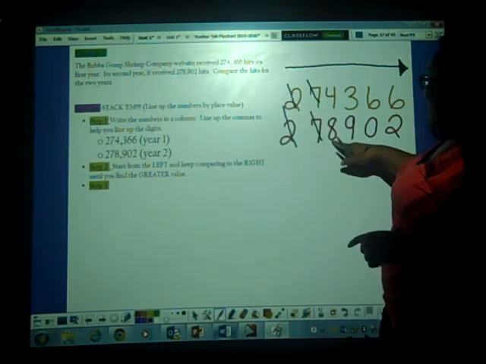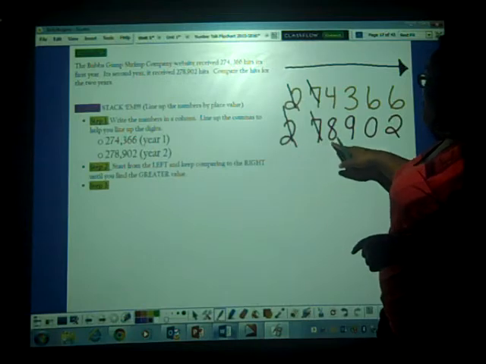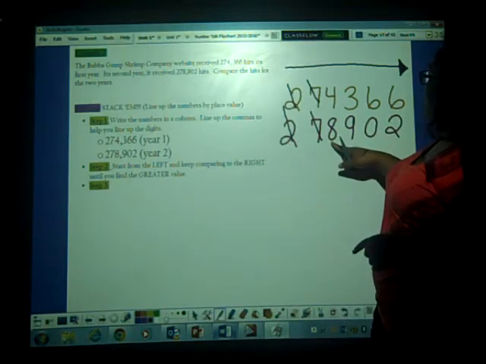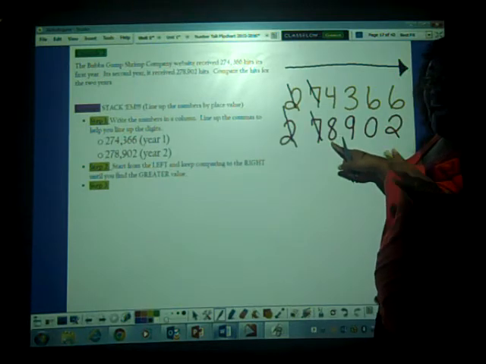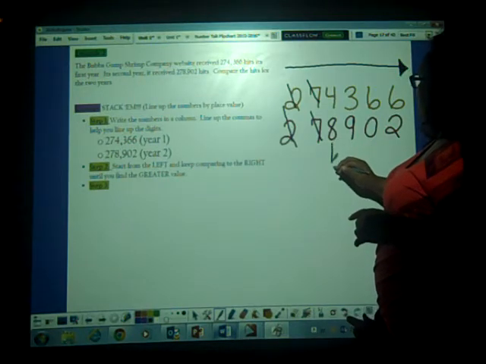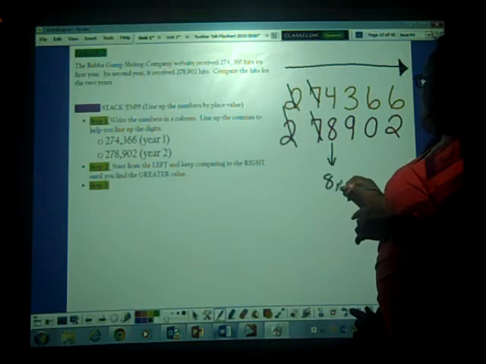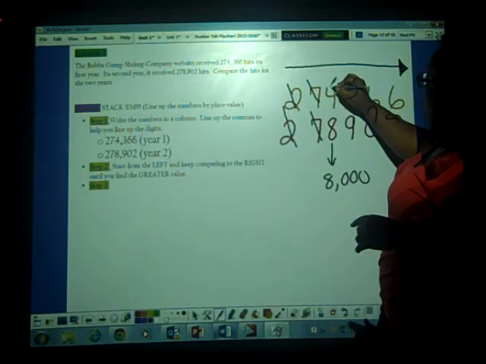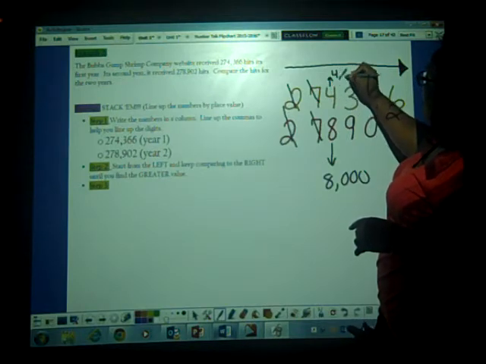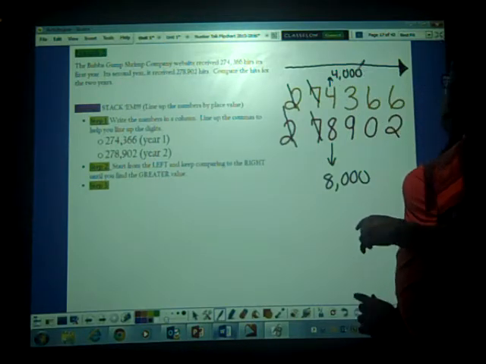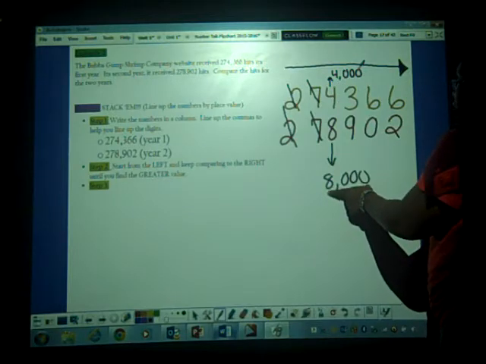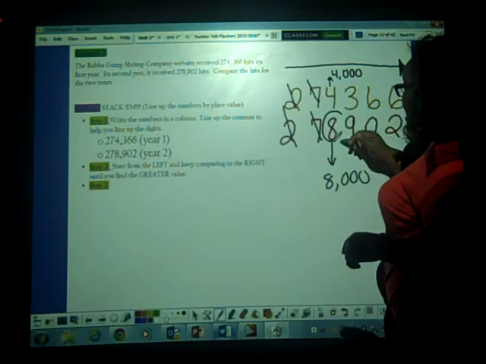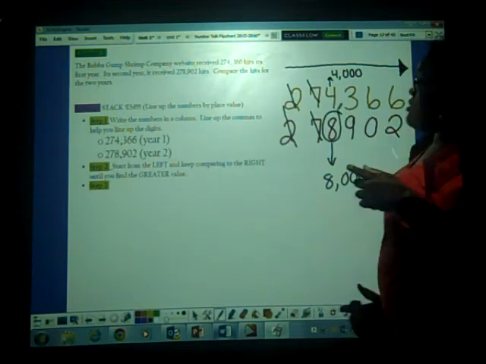So the value of the 8 in 278,902 is 8,000. And the value of this 4 is 4,000. So which one is larger, 8,000 or 4,000? I hope you're thinking 8,000 is larger.